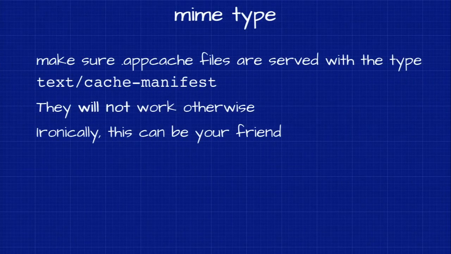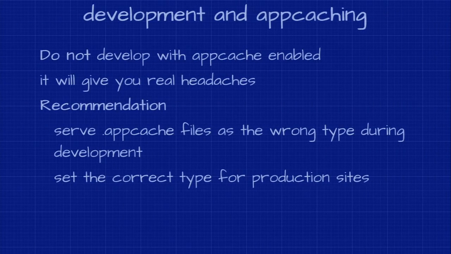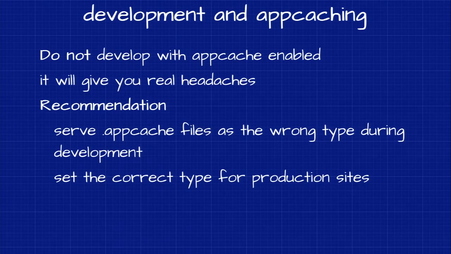The MIME type I mentioned, but this is really important. Ironically, it can be our friend. If caching's not working for you, you're probably serving it as the wrong MIME type. And this is a very, very common first-time problem for people. So as I said, do not develop with app cache turned on, because refreshing creates persistence and nightmares that are almost impossible to overcome.